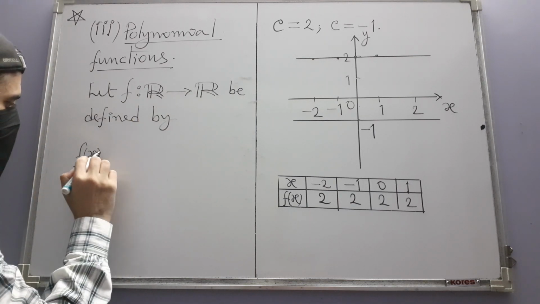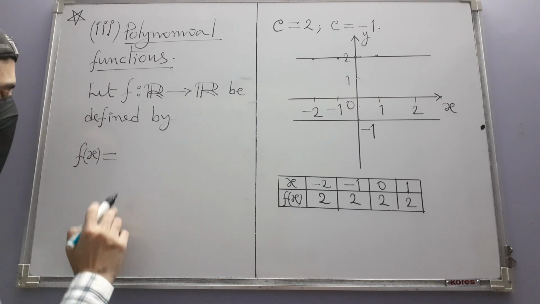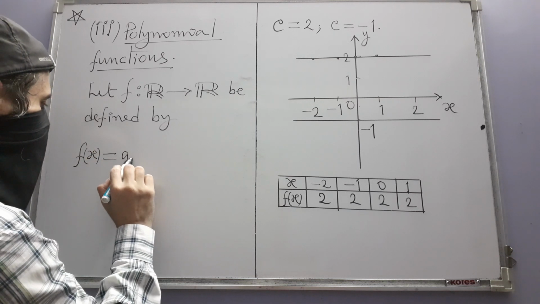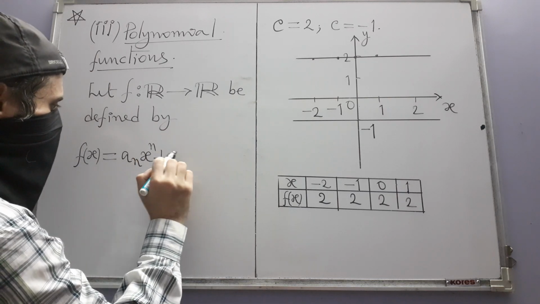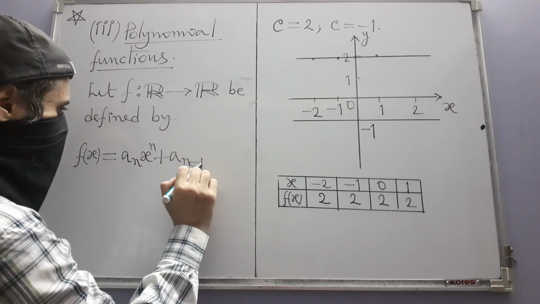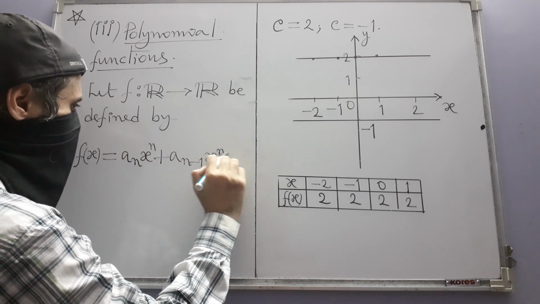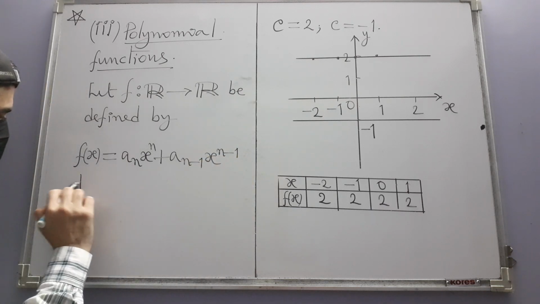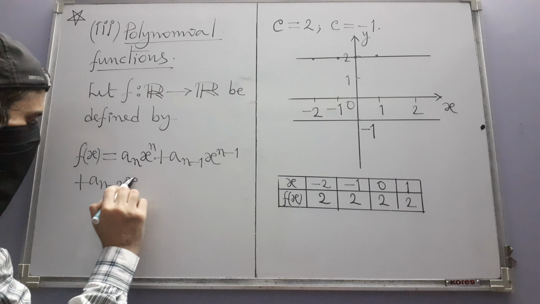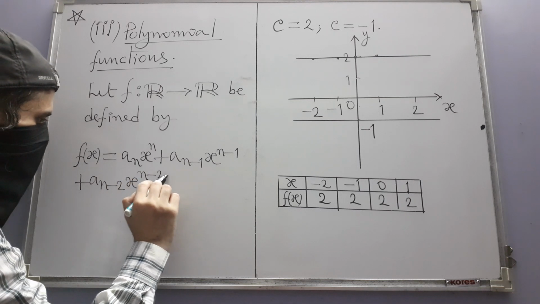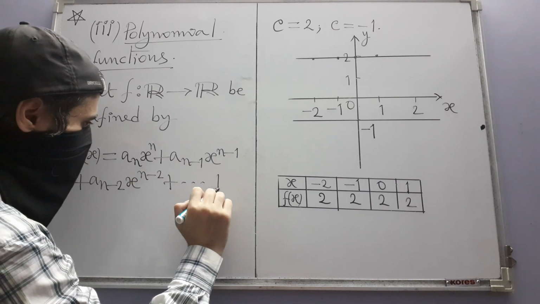At the input x, the output looks like this: an x to the power n plus an minus 1 x to the power n minus 1, plus, let me write one more term, an minus 2 x to the power n minus 2. So like that it goes.